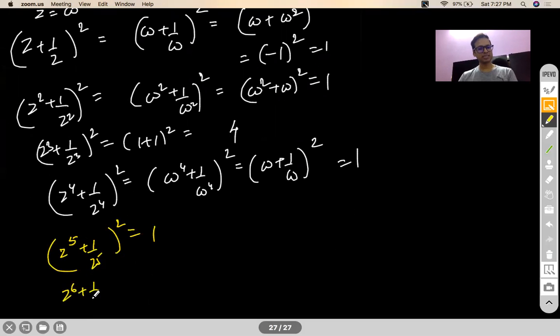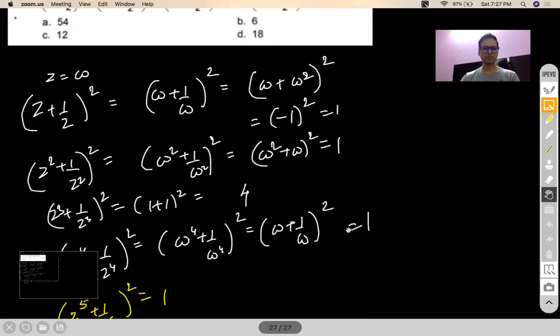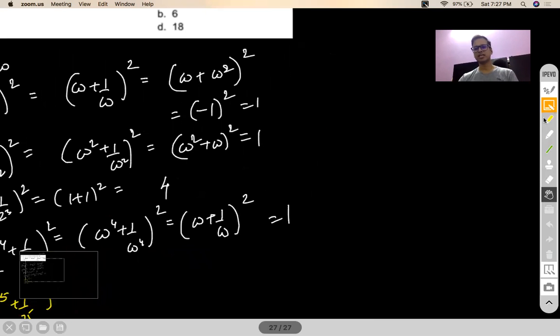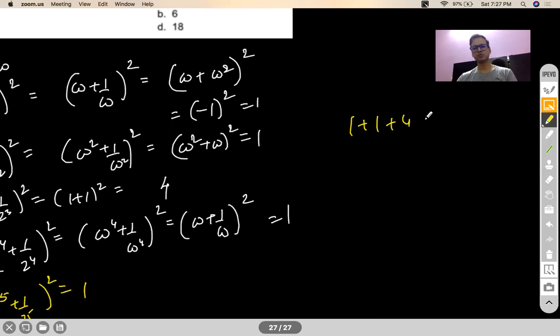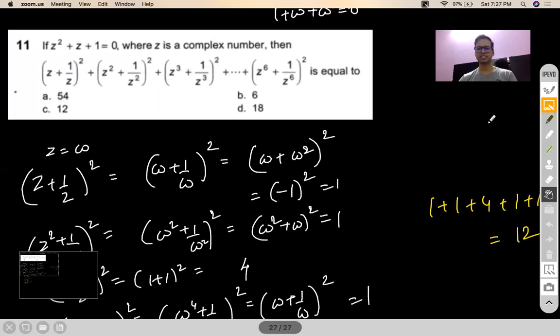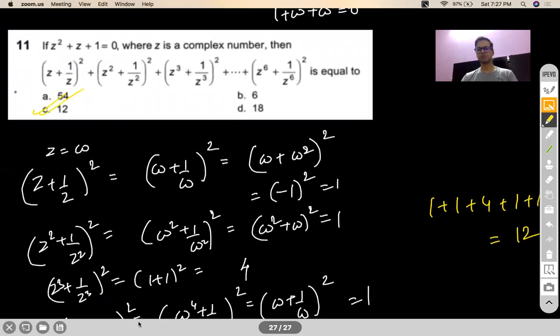But this will be again a 4. So it is like 1, 1, 4, 1, 1, 4, like that. Anyways, I think we have to only go till this term, right? Yeah. So your answer will be 1, 1, 4, 1, 1, 4. That is nothing but 6 plus 6, 12. Option number C is correct.